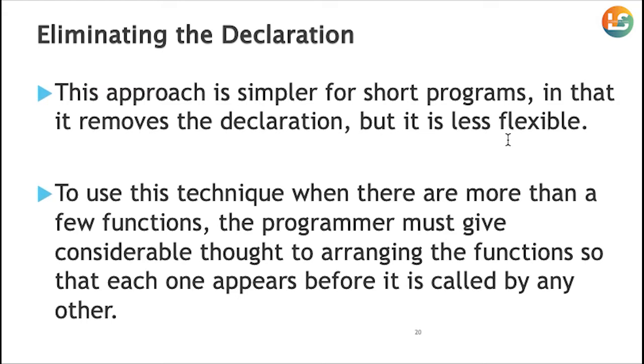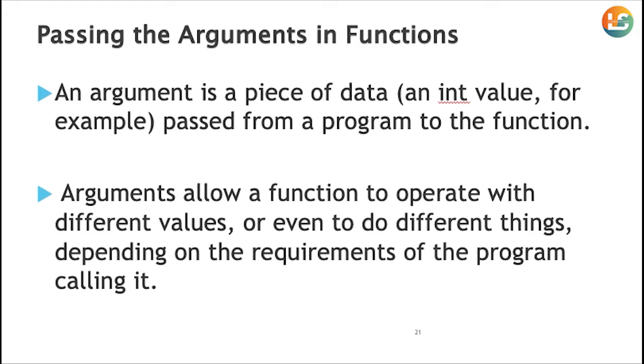Okay, now consider the arguments. For example, in the function, we want to send or provide it some information or data from the caller function. Considering the same example, we are going to print the star lines, but how many stars we want to print, we want to inform this to the function, for example 45 stars, 30 stars, 2 stars, or any number of stars.